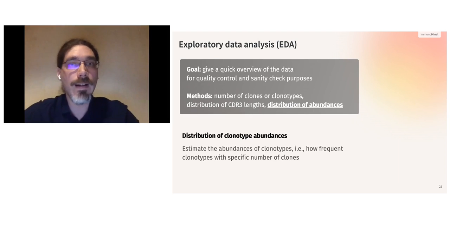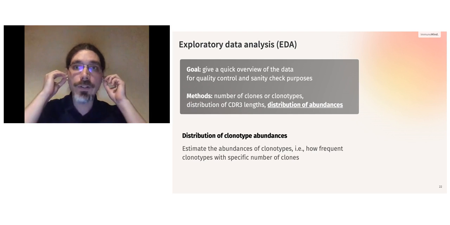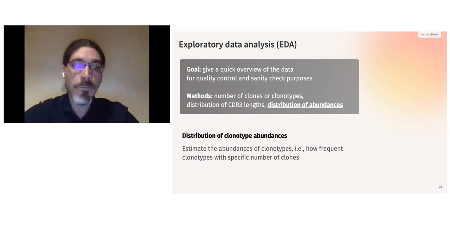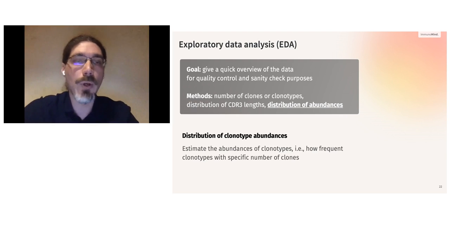And the last method for exploratory data analysis in this small section is the distribution of abundances. The idea here is to give a quick overview of the structure of a repertoire. It's a very rough estimation of diversity, about which we'll talk a little bit later.